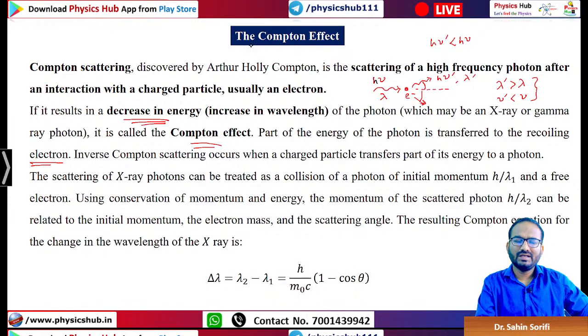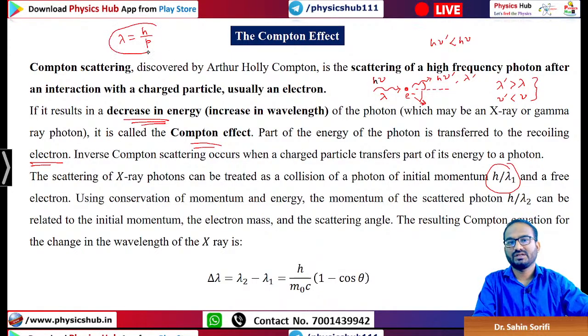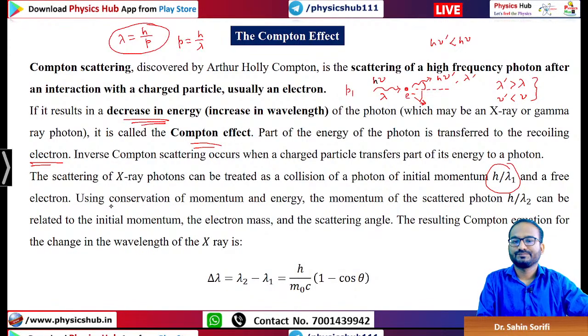Now, let us try to visualize this. Scattering of X-ray photons can be treated as the collision of a photon of initial momentum h by lambda 1. Lambda is equal to h by p, this is the de Broglie relation. We will talk about it later, but for the time being, I think you already know. So momentum becomes h by lambda. You are sending an initial momentum p1, and there is a free electron.